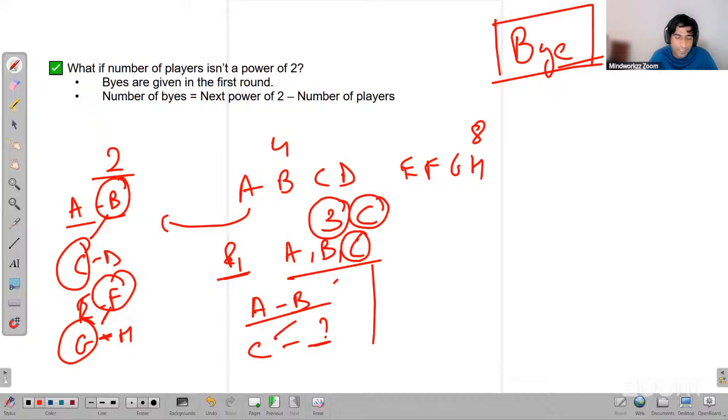So C will get a direct entry to the next round. Whoever wins between A and B, let's say A wins the match, then C is already waiting for that person, and A is going to play against C, assuming that A wins the match in the first round.